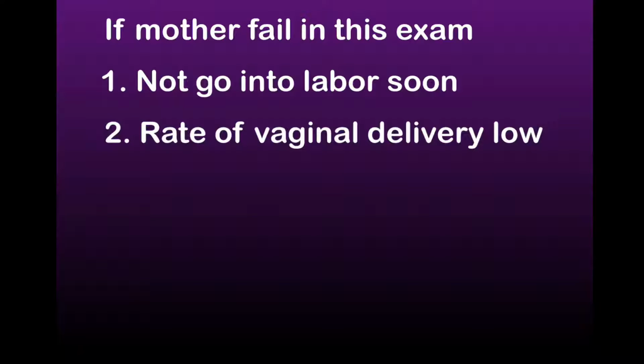In this pregnant woman, you will not send her home; you will admit her to the labor room, start your management, start augmentation of labor and induction. Then if she does not respond to all your management, you will send her to the theater for cesarean section. So, low Bishop score means a low rate of vaginal delivery and an increased risk of cesarean section.